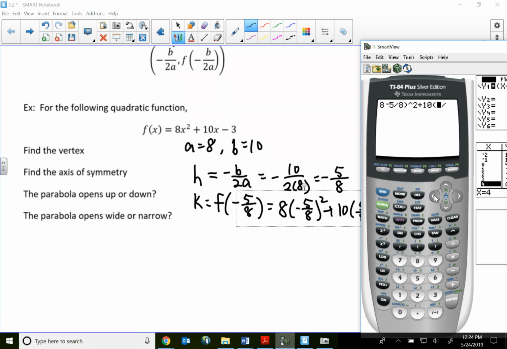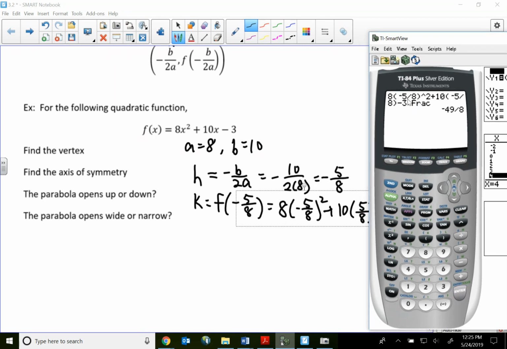Excuse me. Insert 8 times, and minus 3. All right, convert to fractions. All right, negative 49 over 8.